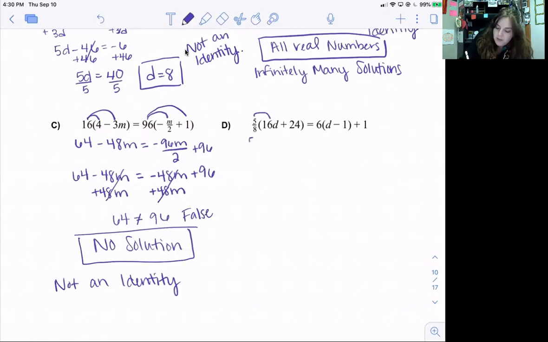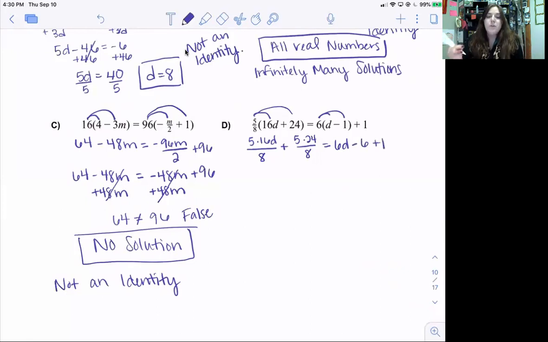I'm going to say we have 5 times 16d over 8. And then again, plus 5 times 24 over 8 equals, now we have 6 times d and 6 times negative 1, which I'm going to go ahead and write as negative 6 plus 1.